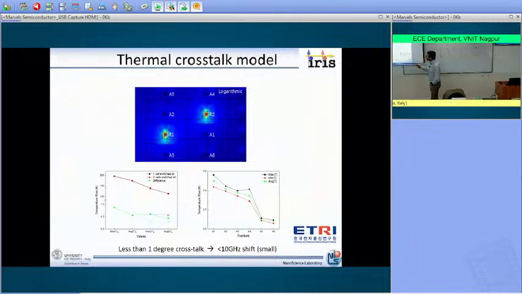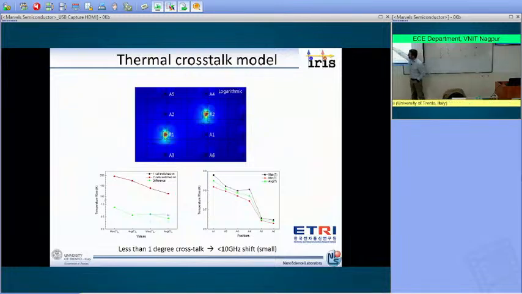And therefore you get a very fine tuning of the distance, which reduces the crosstalk to zero. For example, this is the temperature increase of all those nearby microring resonators when we are operating this microring resonator, as well as when we are operating this other microring resonator.